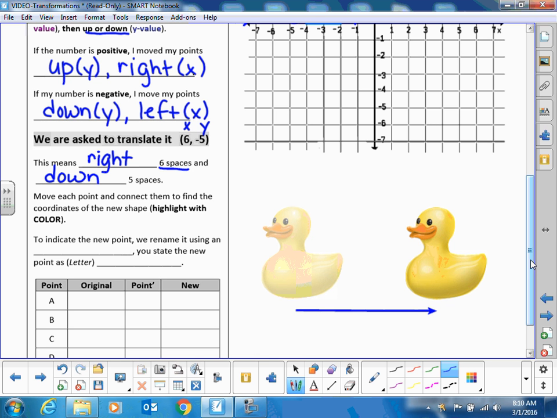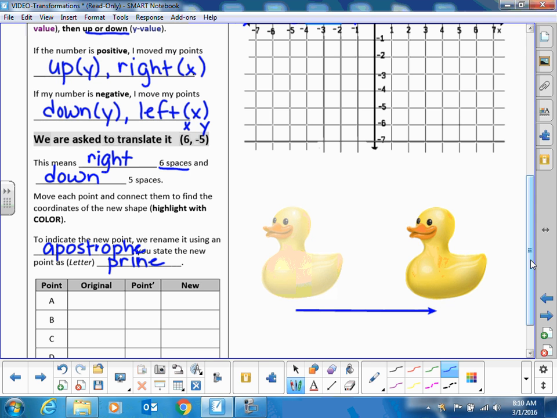Once we move each point, we connect them and find the new coordinates, and I'll highlight it with a different color. And when we do that, we rename it using an apostrophe. That is saying that our new one is called that letter, and we call it A prime.